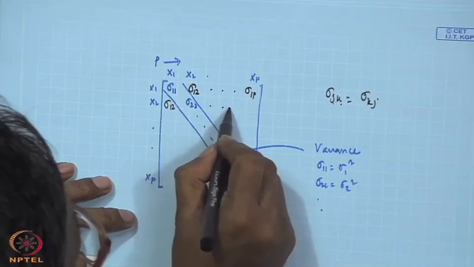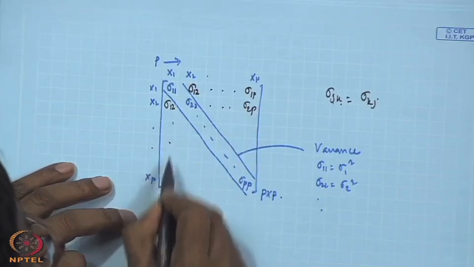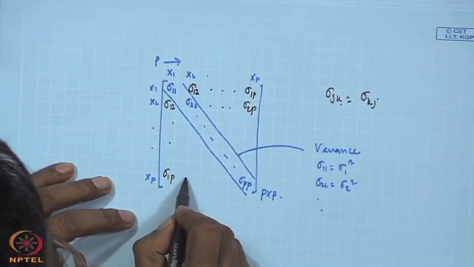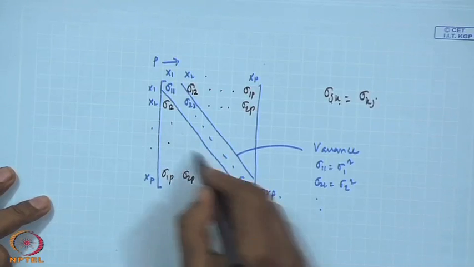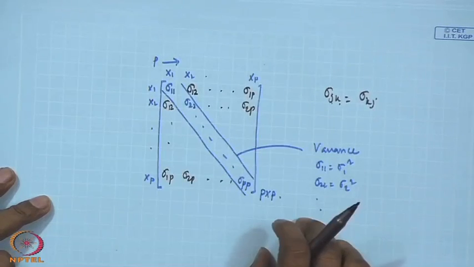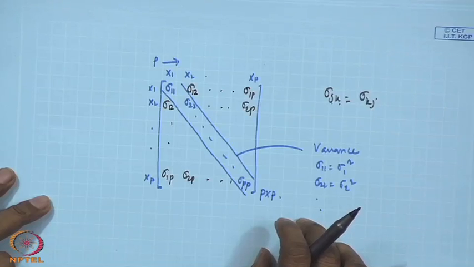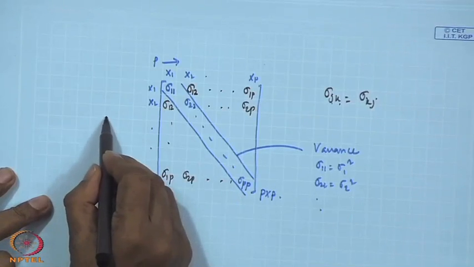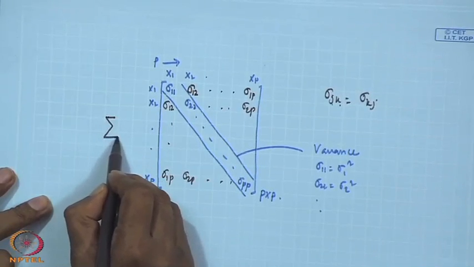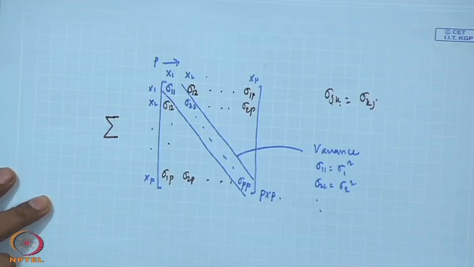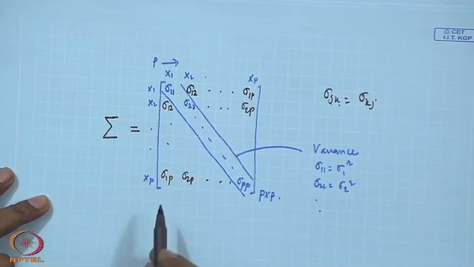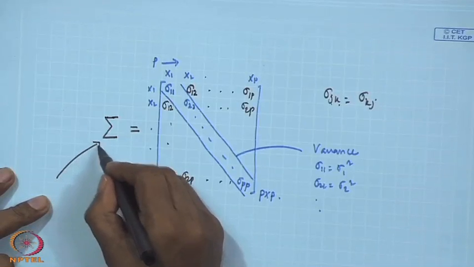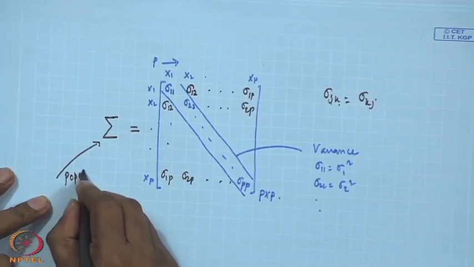Then sigma 2p, like this you will get sigma 1p, sigma 2p. So, off-diagonal elements are the covariance part, diagonal elements are the variance part. This resultant matrix in our class we will denote by capital sigma. Keep in mind, whenever we use capital sigma, this is your population covariance matrix.